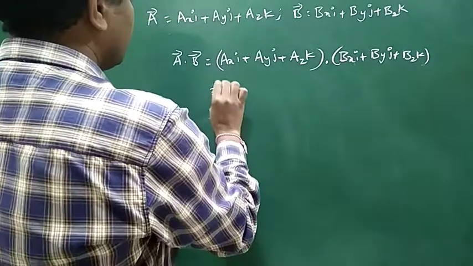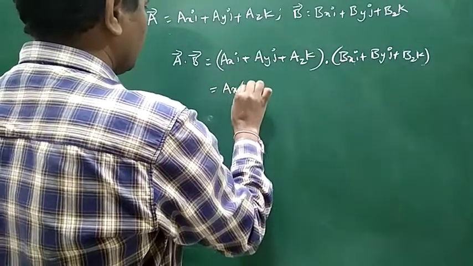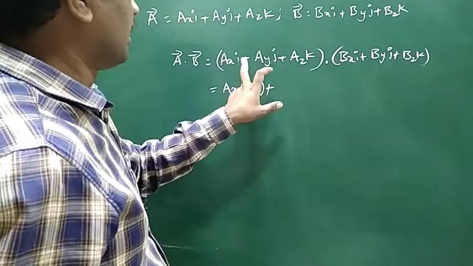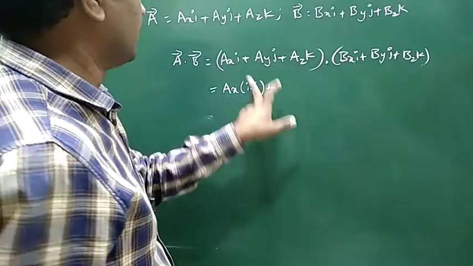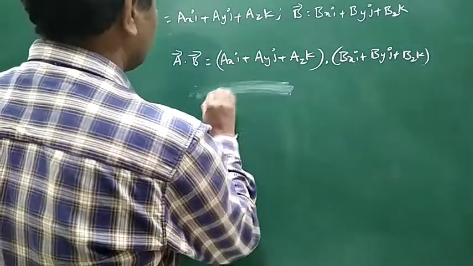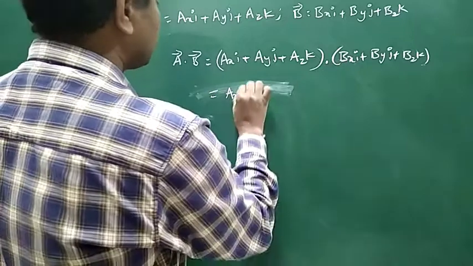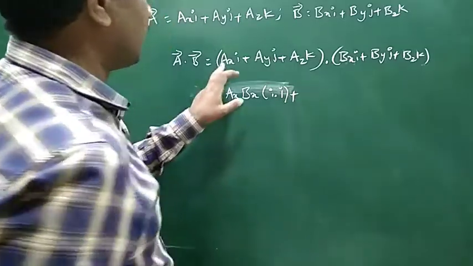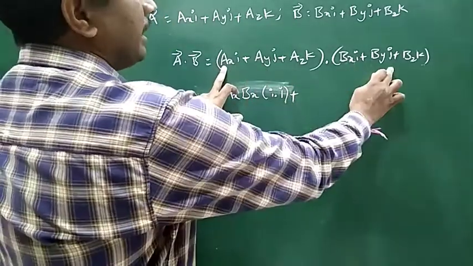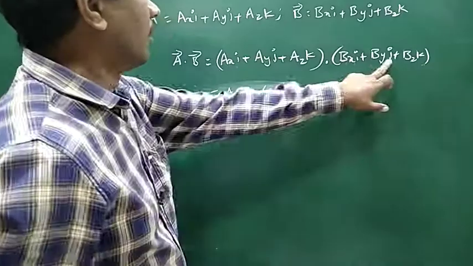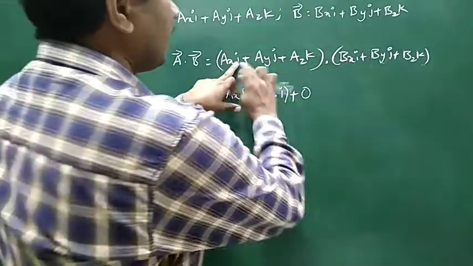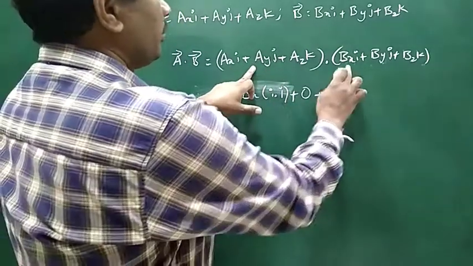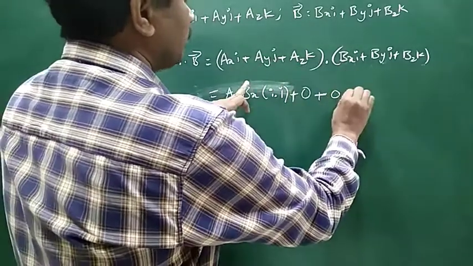That answer: ax into bx, i dot i, plus ax into by, i dot j equal to 0, write that down. Next, i dot k is equal to 0. Next, ay into bx, j dot i equal to 0.